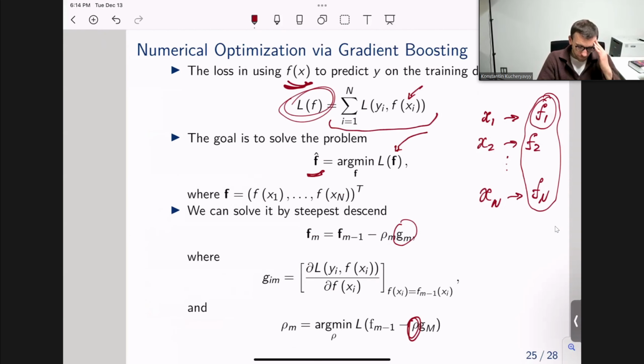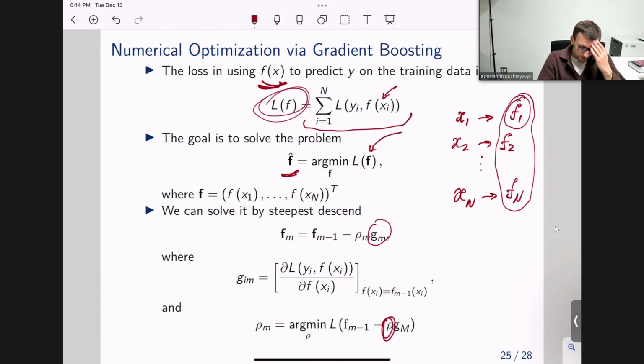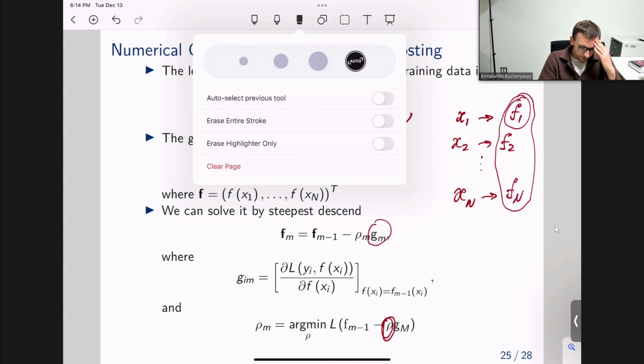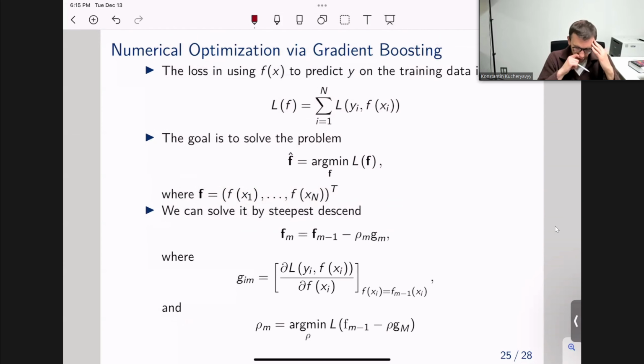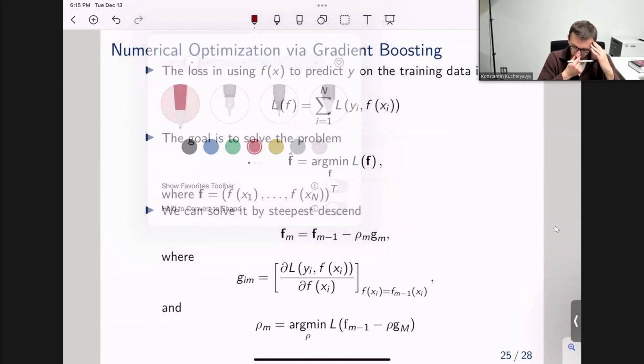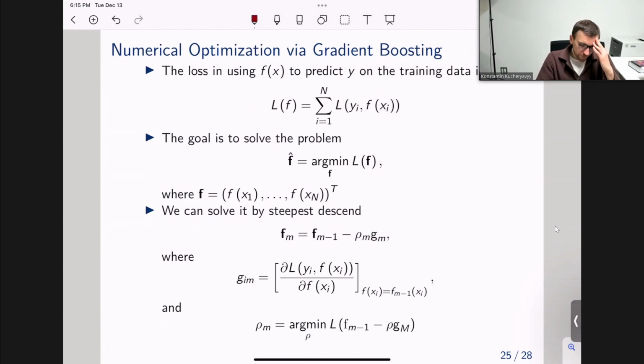Now, the problem at this point is that it's all nice, but what we achieve with this is the fit of the function f at the set of points x1, ..., xn. What we really want to do is to construct a function out of this. How are we going to do that? We are going to apply trees to this.